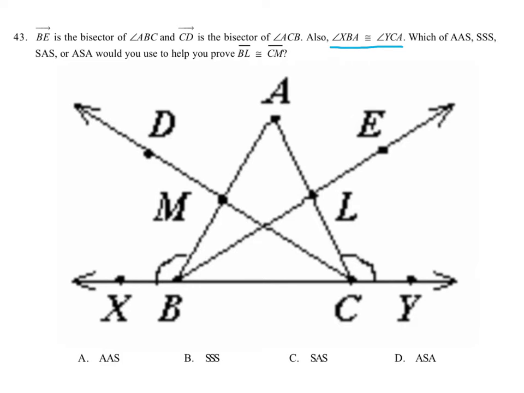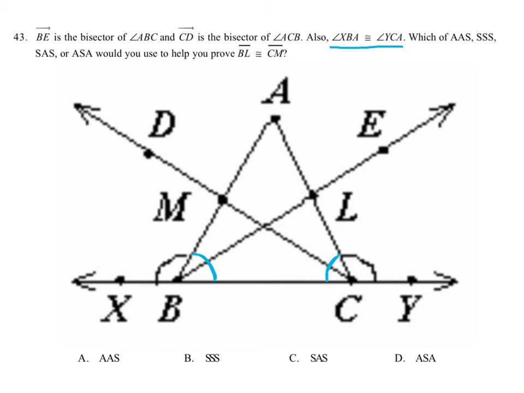Angle XBA, this angle right here, which you can see they put an angle mark on, is congruent to angle YCA right here. And since that's true, we know through the angle addition postulate that this angle right here forms a linear pair with XBA, and angle BCA right here forms a linear pair with angle YCA, which they gave us.